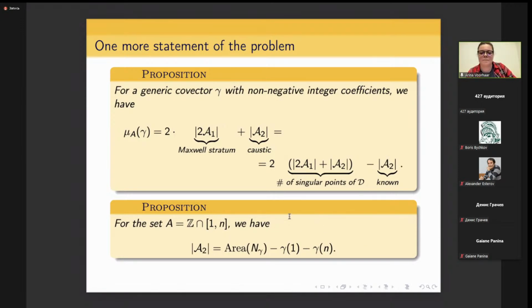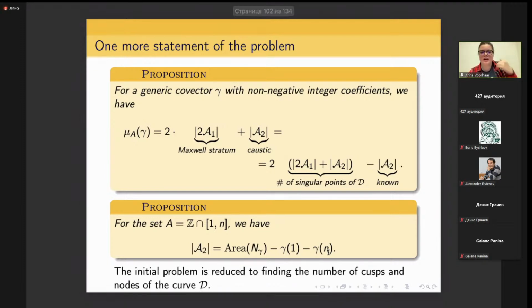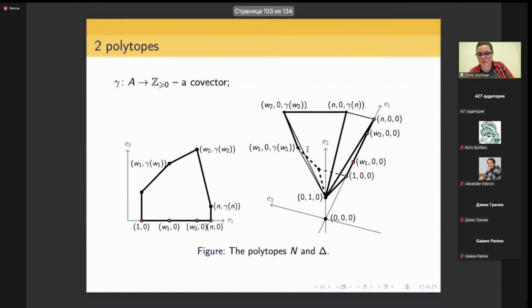So in this case, depending on this covector gamma, the number of cusps is equal to the area of this union of trapezoids of the stent minus gamma of the first and the last coordinates of the covector gamma. Okay, so what we actually did, we reduced the initial problem to computing the number of cusps and nodes of the curve D. So that's what we will have to do further.